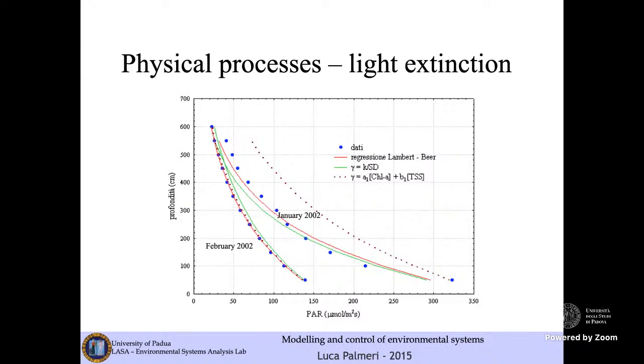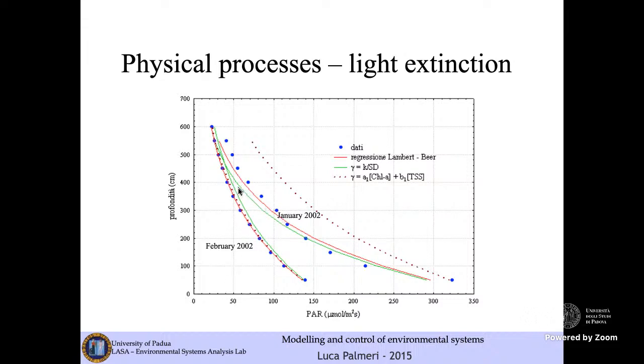In particular, we may observe some experimental measurements of light extinction. In this case, we have plotted photosynthetic active radiation as a function of the depth of the water body. We see that for the same water body, we have different measures in January or in February.